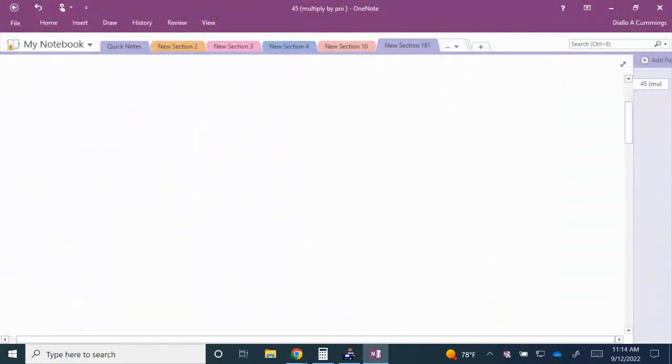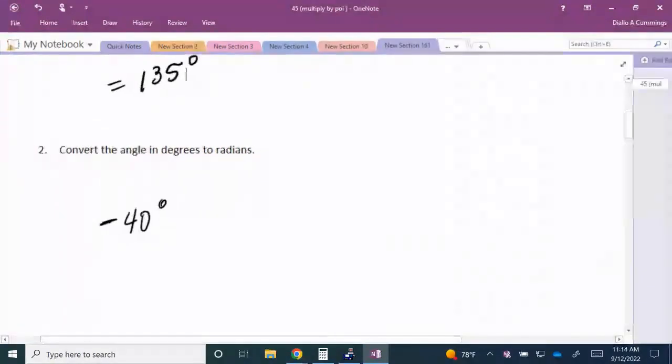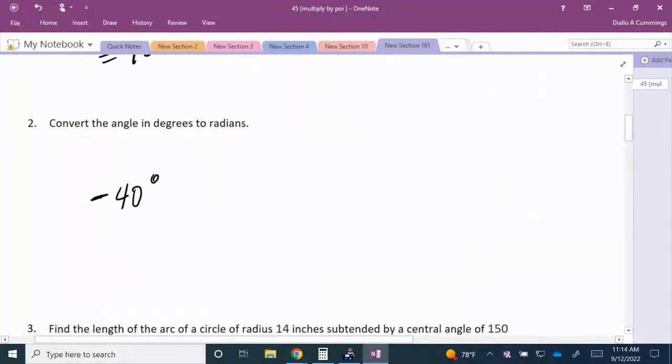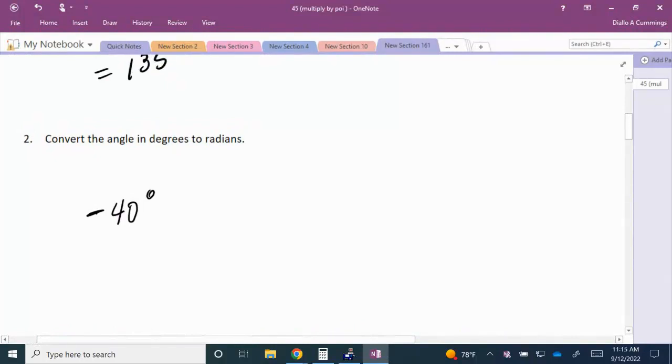All right, next we're asked to convert degrees to radians. So we're asked to convert negative 40 degrees to radians. Whenever you're converting from degrees to radians, you're going to multiply by pi divided by 180 degrees.